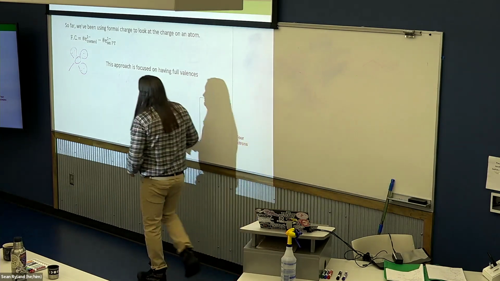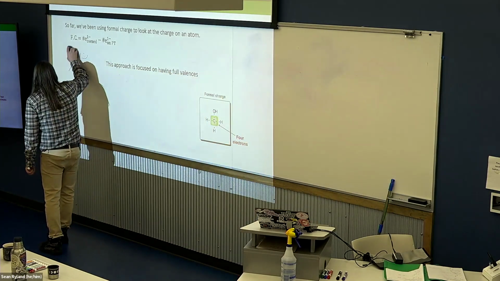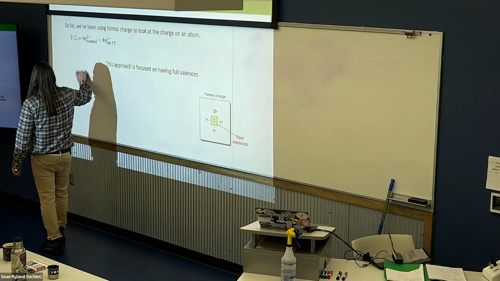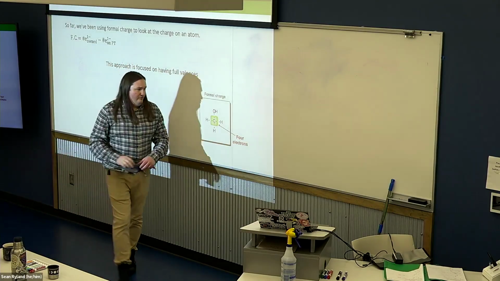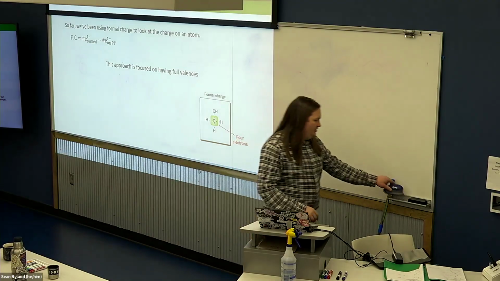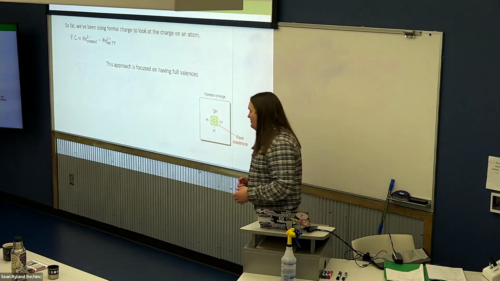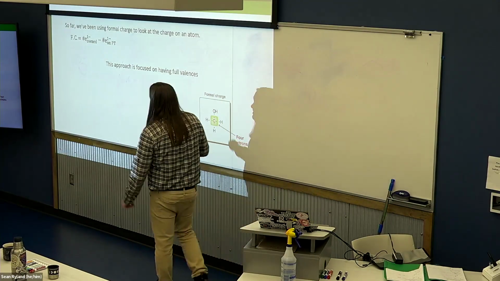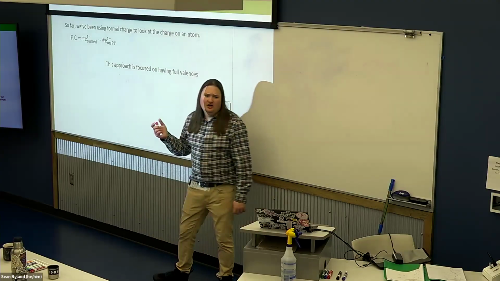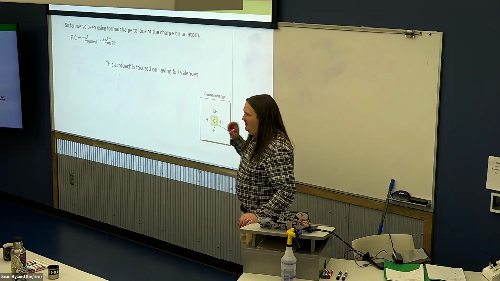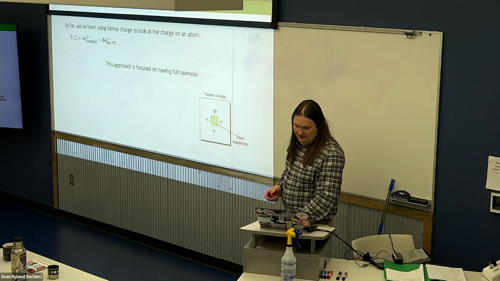Oxidation state is basically a splitting hairs version of talking about charge. With oxidation state, we're not talking about anything having a real charge. We can talk about it in terms of electronegativity, basically.